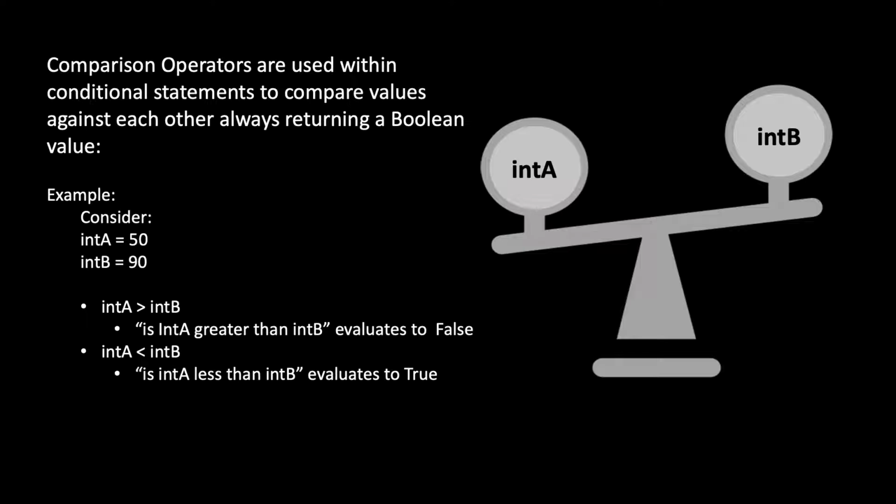Is int a greater than int b? Or is int a less than int b? Well, the first one, int a greater than int b, we know the values, is 50 greater than 90. That, of course, will return false. The second example, int a less than int b, well, that's going to, of course, evaluate to true.